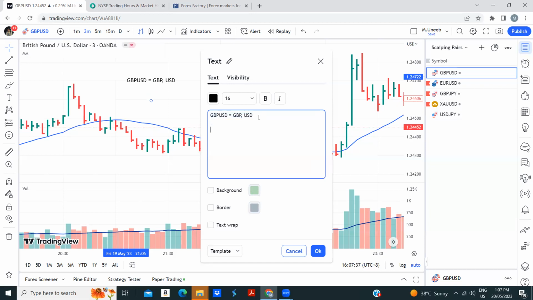But during the New York session, GBP US dollar has two currencies impacting it. When the New York session opens, the British pound is already in progress, so there's an overlap. There will be traders buying British pound and traders buying US dollar at the same time.